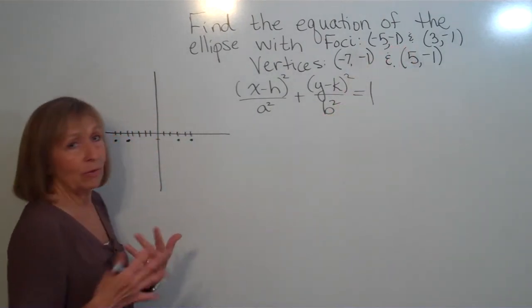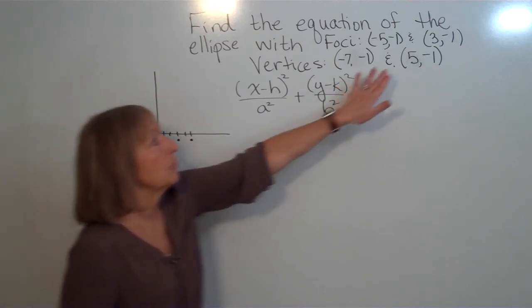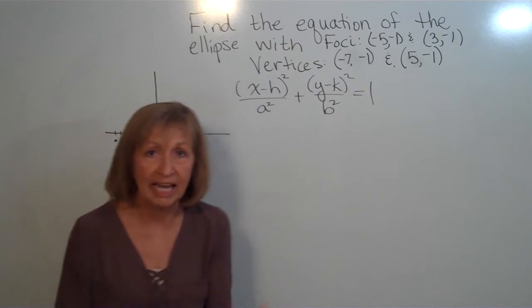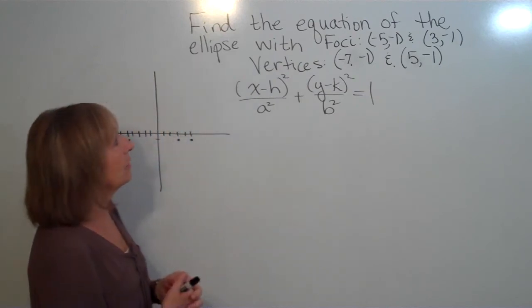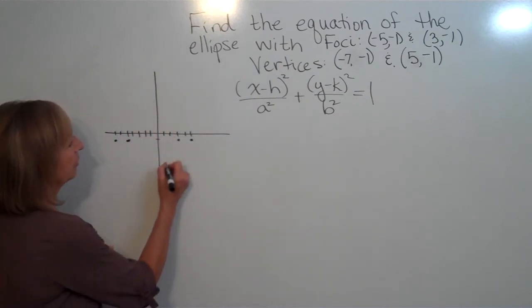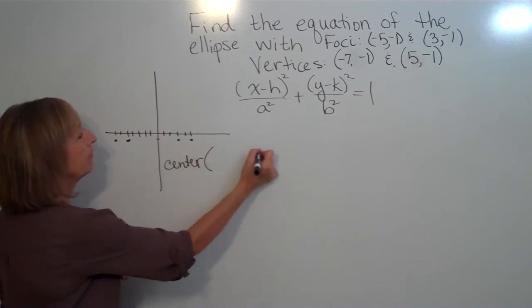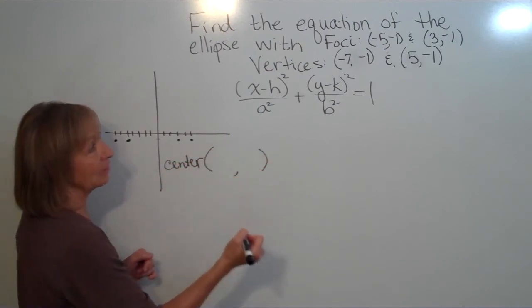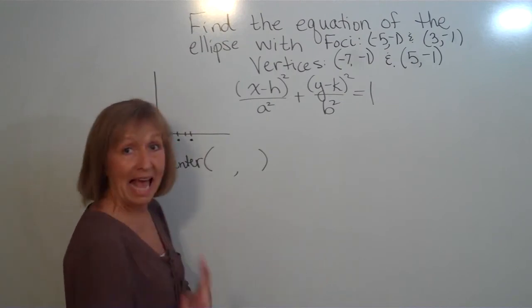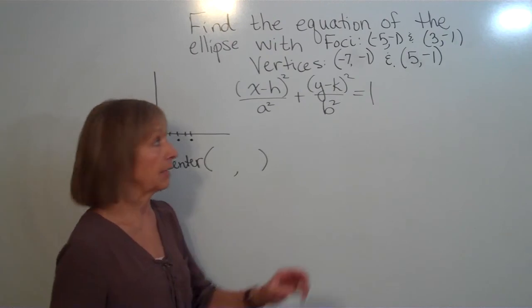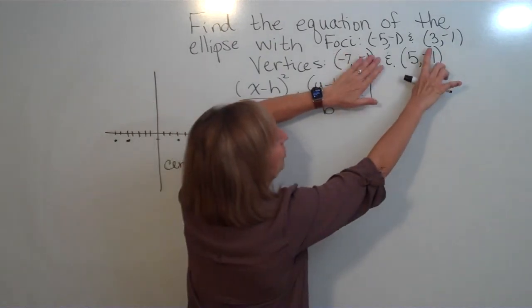Whether you do the pair of foci or the pair of vertices, you'll get the same midpoint. So here, to find the center, remember the midpoint of a line segment connecting 2 points, you just average the x's for the x coordinate and average the y's for the y coordinate. So I'm just going to do it with the foci.